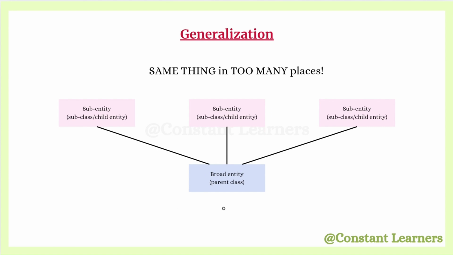That is, we start with specific entities and abstract them into a more general one. This approach prevents one of the deadliest sins in database design, redundancy. Alright, this reduces redundancy. This can be related to a bottom to top approach.